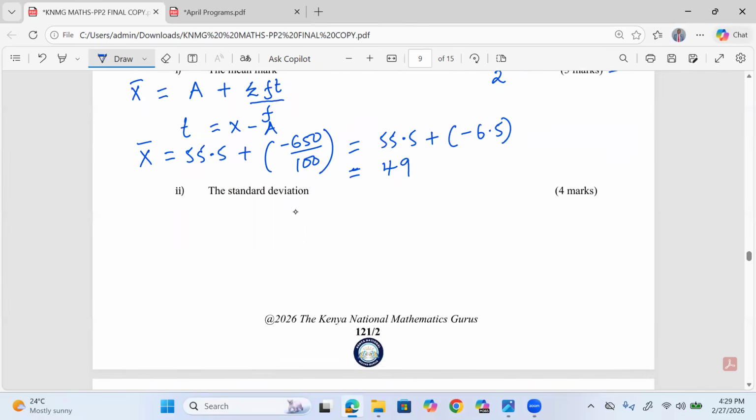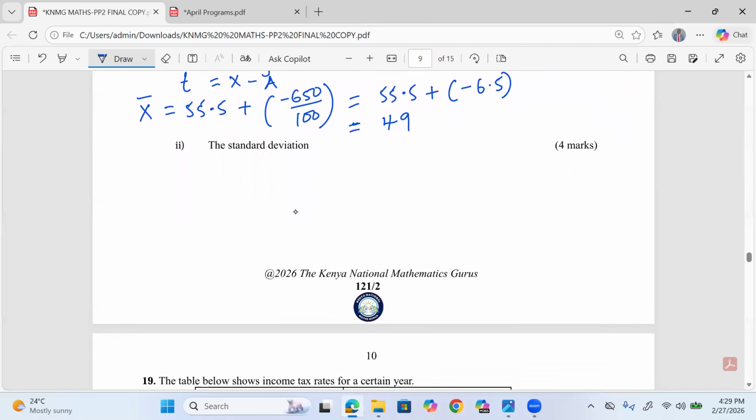Then we get to standard deviation. For us to get standard deviation, call it S, we need the square root of variance.